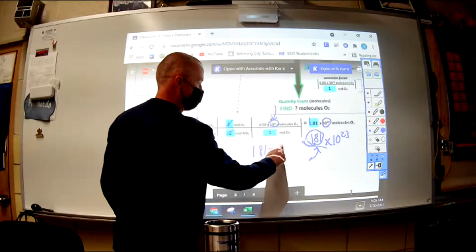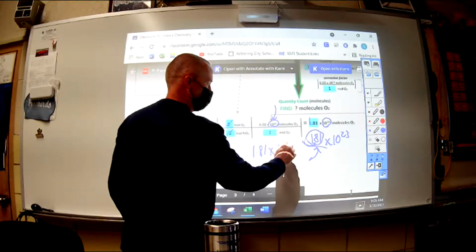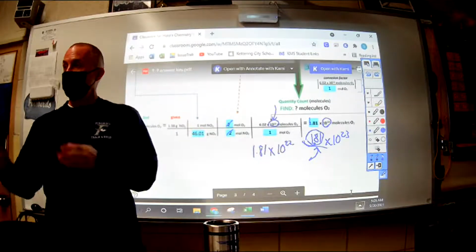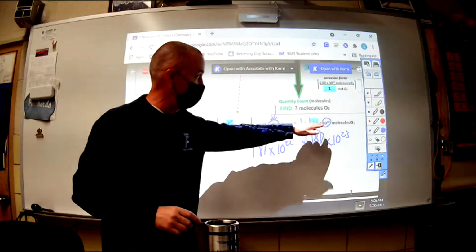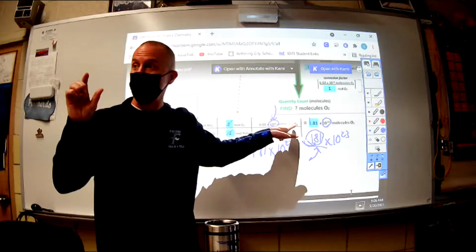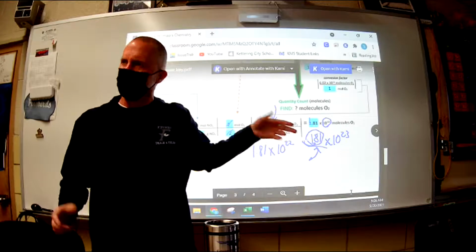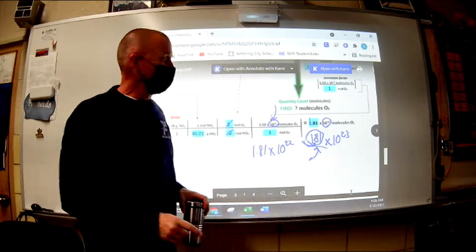What will that do to my exponent if I slide that decimal to the right, making that number bigger? The exponent will go down 1. I slid the decimal, which is essentially pulling out one of these 10 to the 23rds and multiplying it by that number, leaving me 10 to the 22nd. Does that sort of make sense math-wise? So that's where we get that.